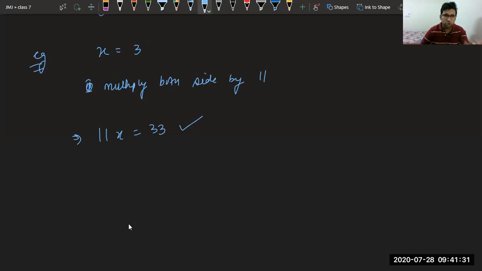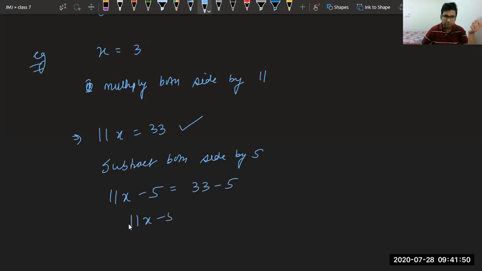This is a new equation. Suppose I subtract both sides by 5. So we will get 11x minus 5 is equal to 33 minus 5. Answer will be 28. So this way, whatever you are doing on one side, you have to do on the right also.